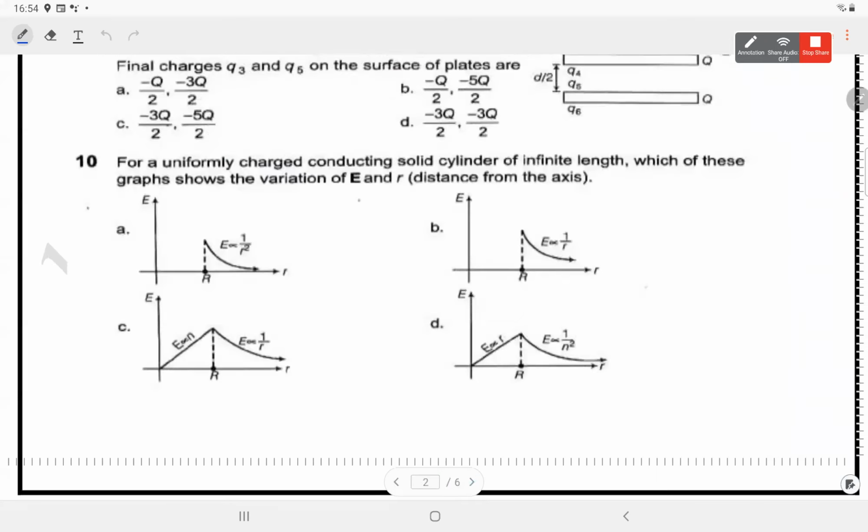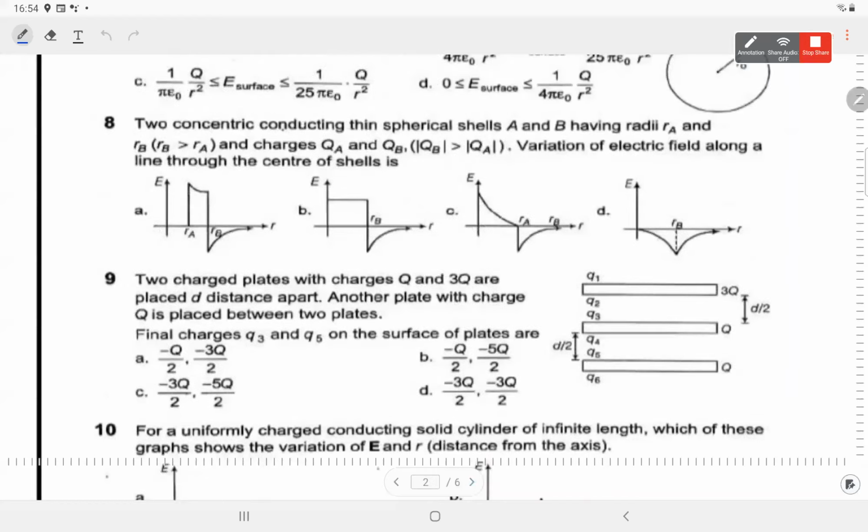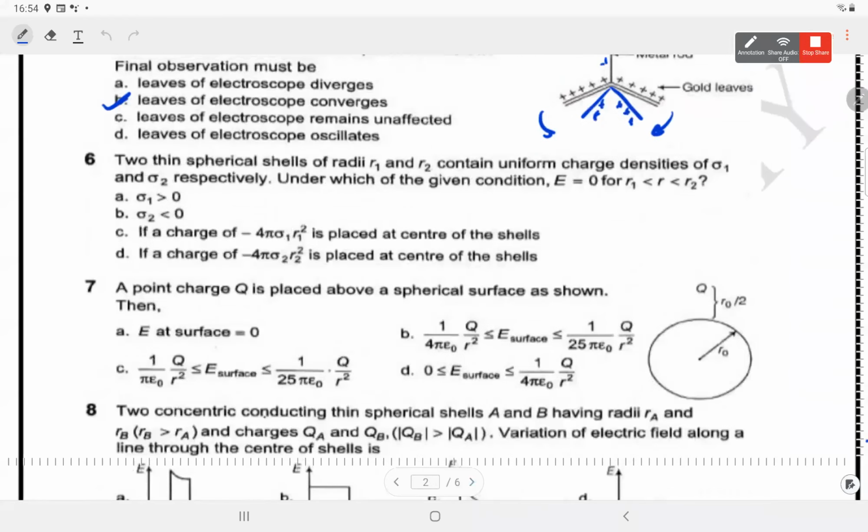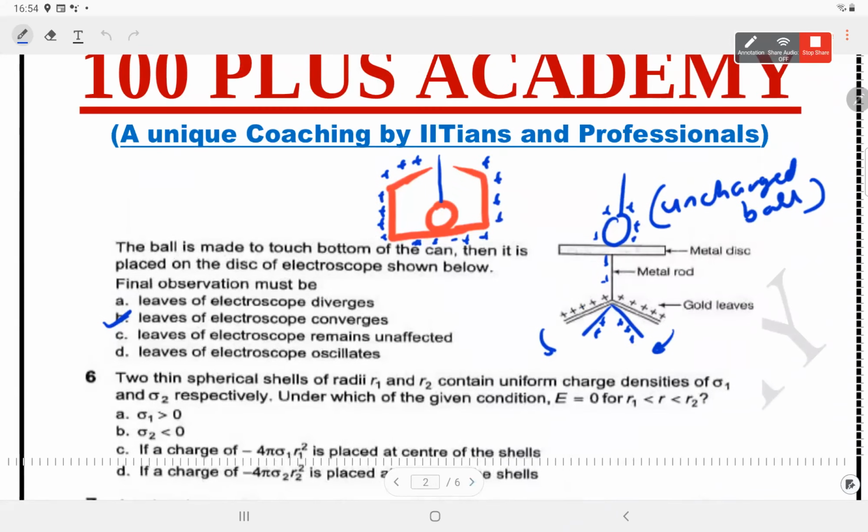Now this neutral ball is kept on the surface of a metallic disc, which is connected to an electroscope. Some charge of the electroscope will come to the metal, shared by conduction, and therefore the charge on this gold leaf will reduce. As a result, it starts collapsing, it starts converging.